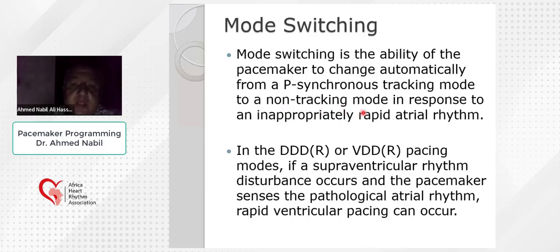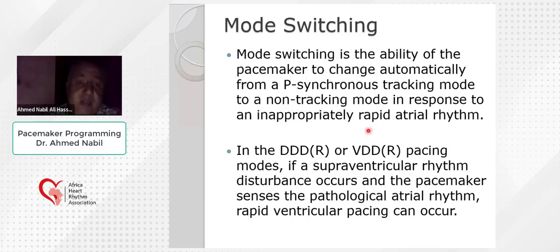And this is very beneficial in case of an inappropriately rapid atrial rhythm, like the occurrence of atrial arrhythmia, atrial tachycardia, or atrial fibrillation, because we are depending on the tracking function of the pacemaker to sense the atrium and pace the ventricle.